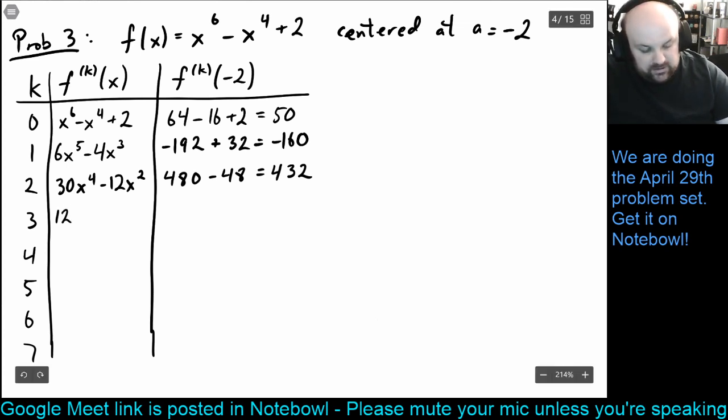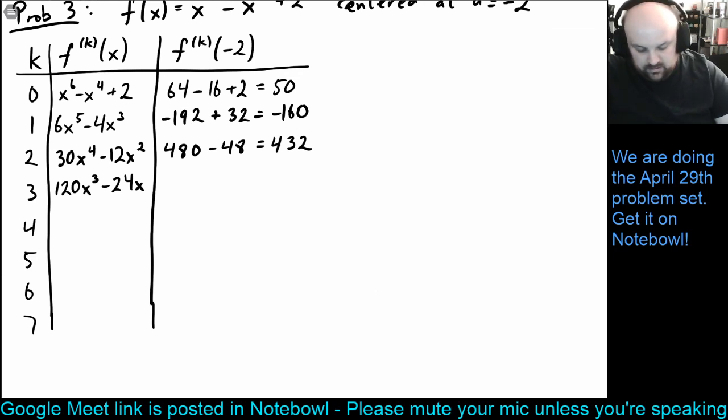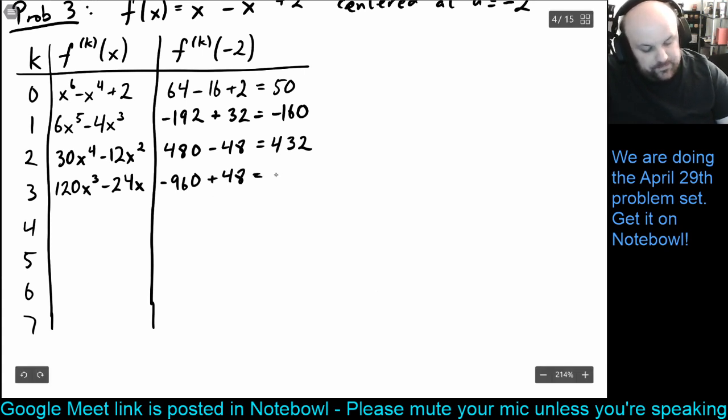We're going to have 120x cubed minus 24x. So let's see, -8 times 120. This will be -960 plus, again, 48, actually. So this is -912.